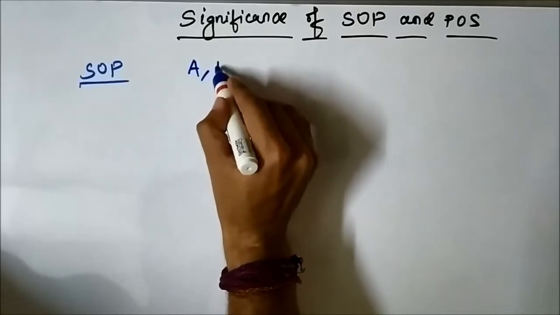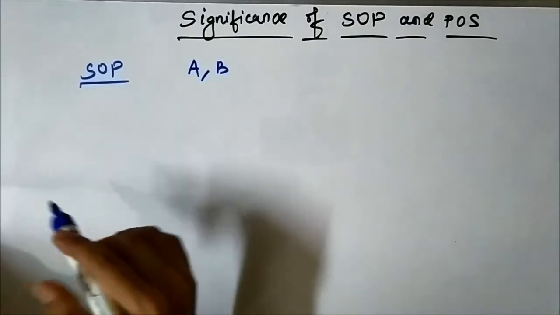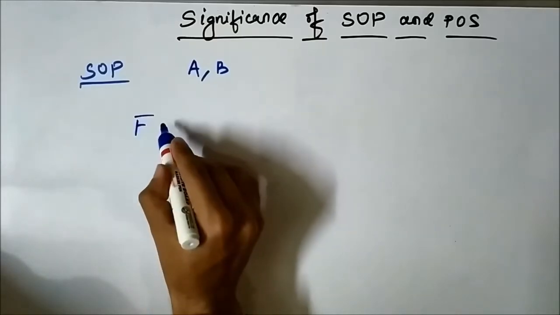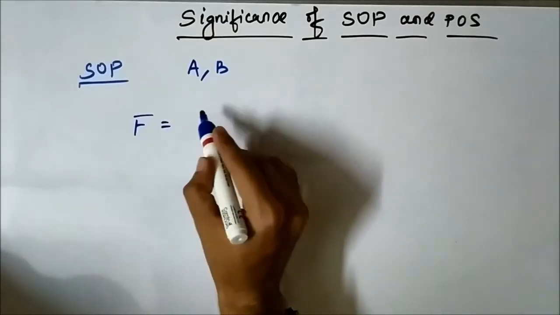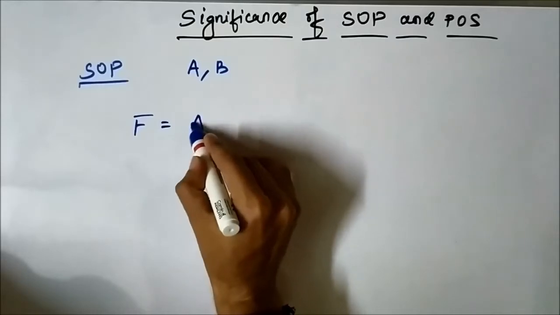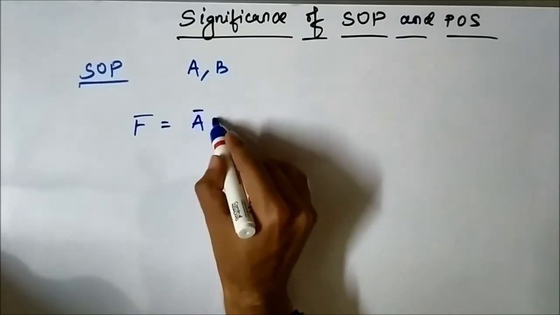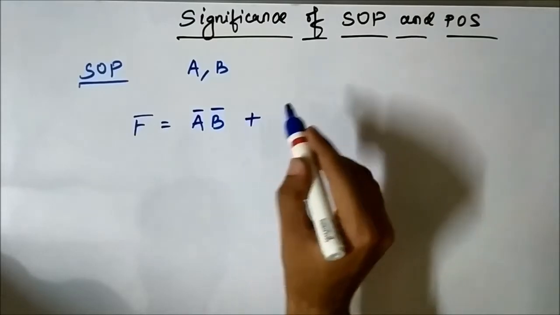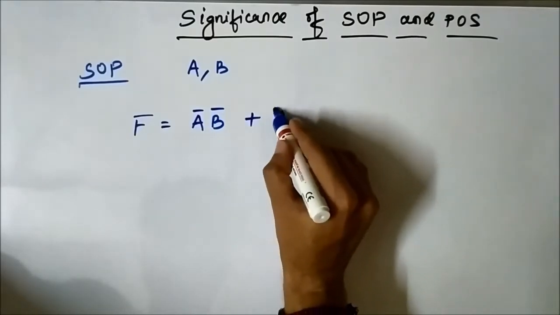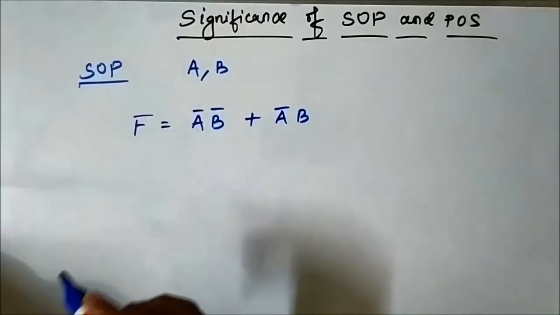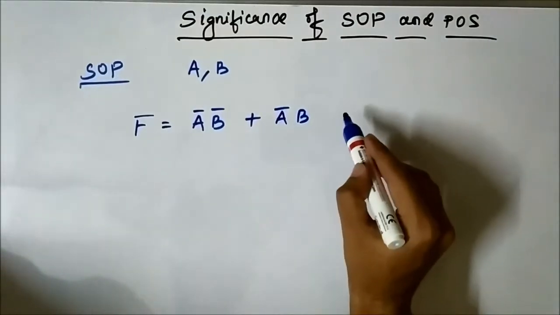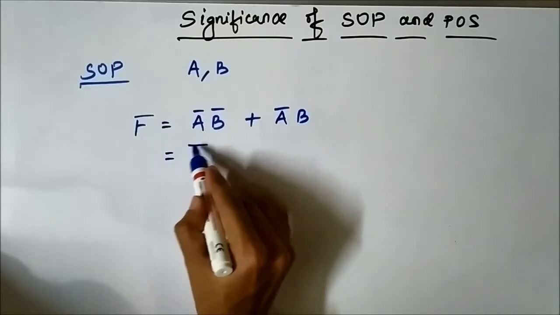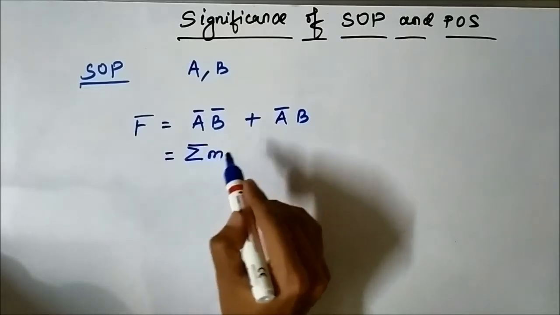The available variables to us are A and B. Let us say we have a Boolean expression given as A bar B bar plus A bar B. It can be represented in the min terms form.